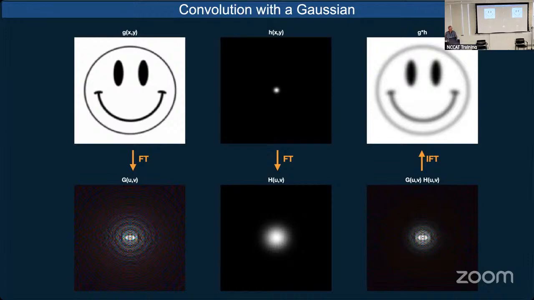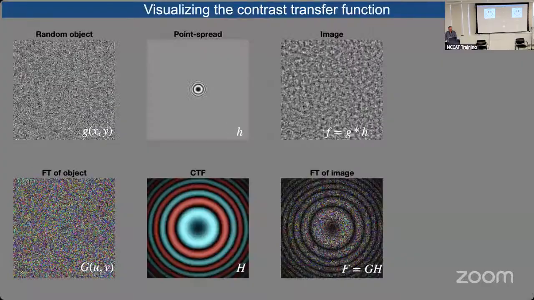Okay, so now here's how we use the contrast transfer function. Let's suppose we took some random object, literally some random noise, like looking at a carbon film or amorphous carbon film.